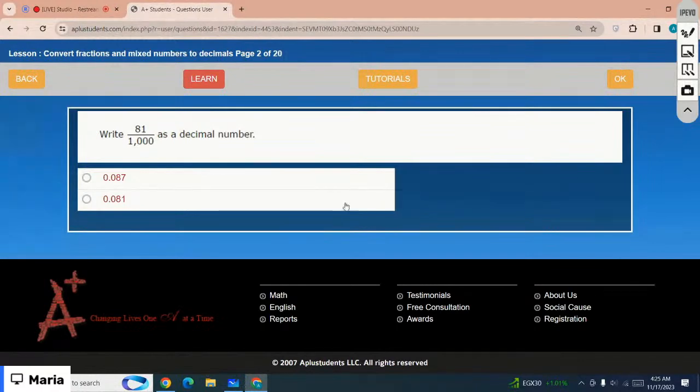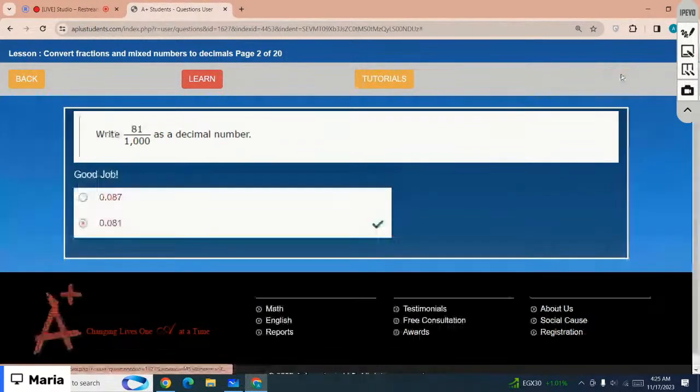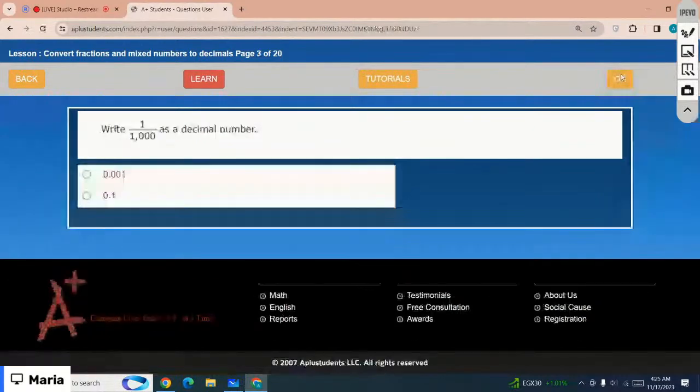You have to complete three decimal places, right? To complete decimal places, you can add extra zeros, but before the digit, not after the digit. You can add 081, not 810, right? Okay, write 1 over 1000 as a decimal number. Which is the correct option, option 1 or option 2? Very good. That would be option number 1, 0.001.